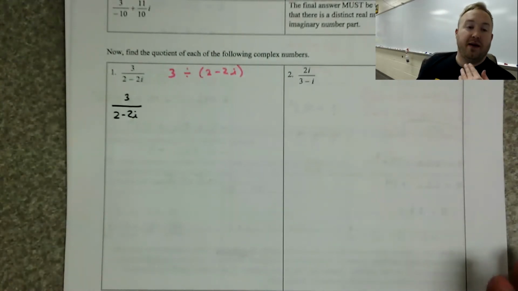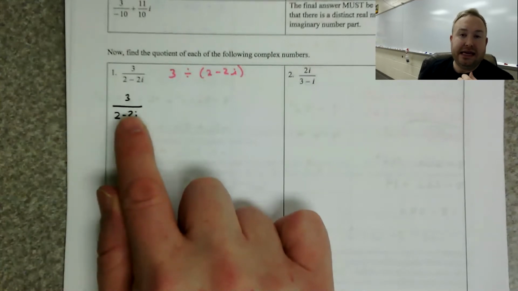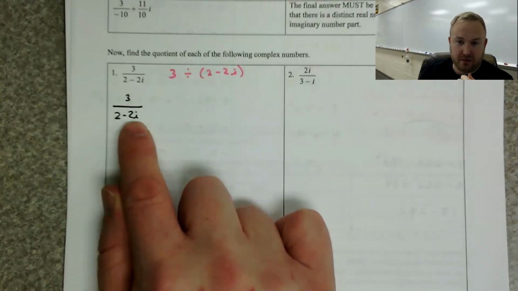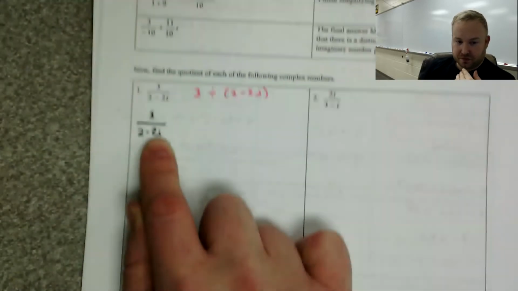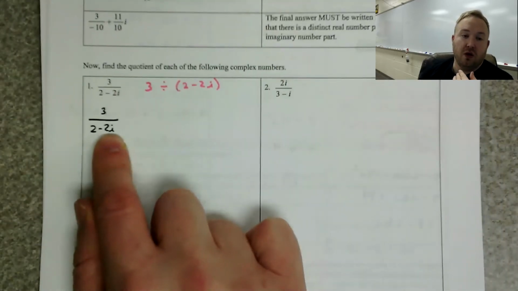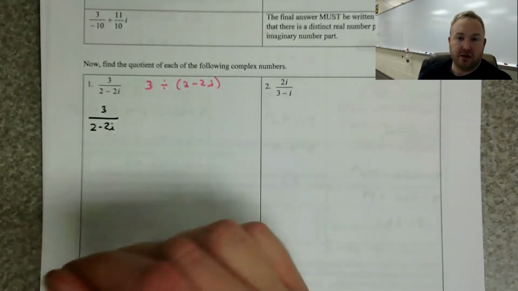The way that we're going to go about doing this is by eliminating the irrational part of our denominator. So we're going to kind of make our denominator a real number. Now think about what I just said.